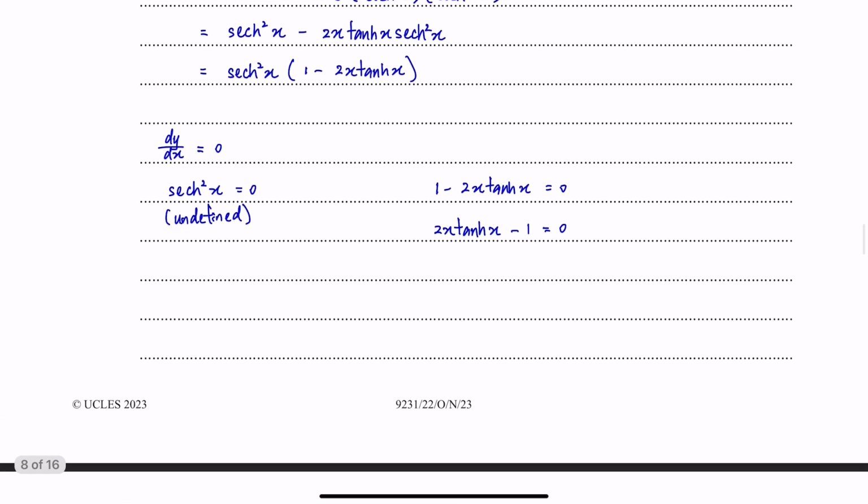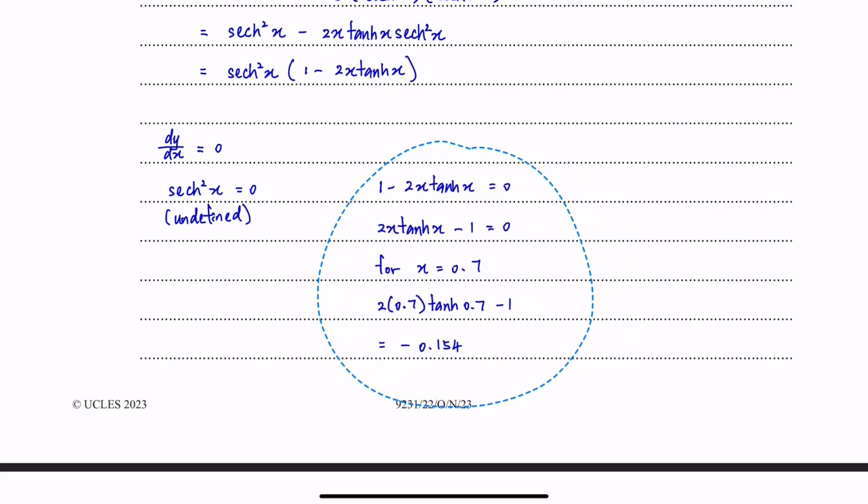So for x equals 0.7, we have 2 times 0.7 times tan 0.7 minus 1 equals negative 0.154, rounded to 3SF.